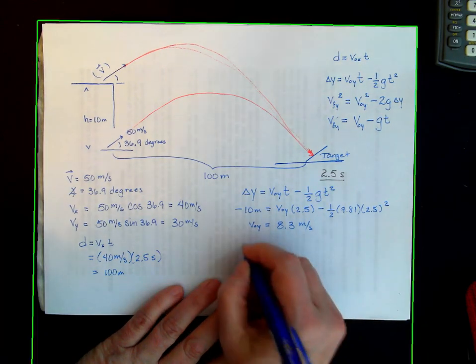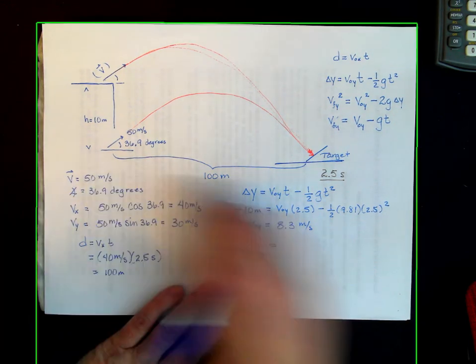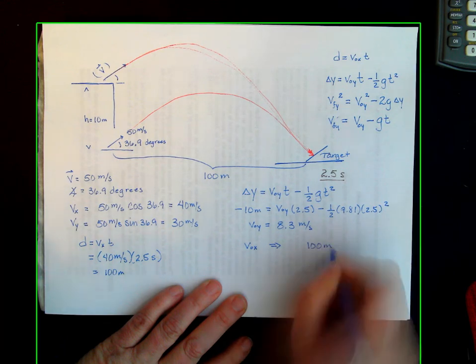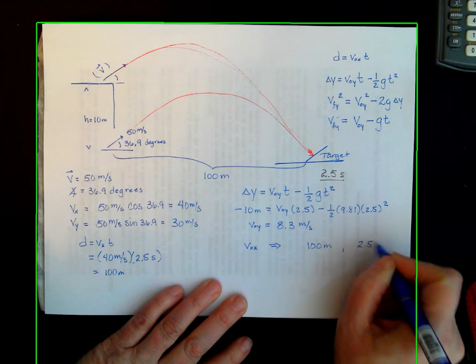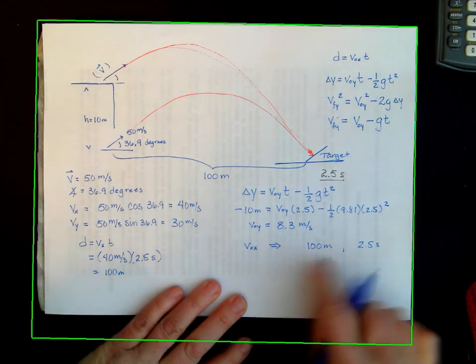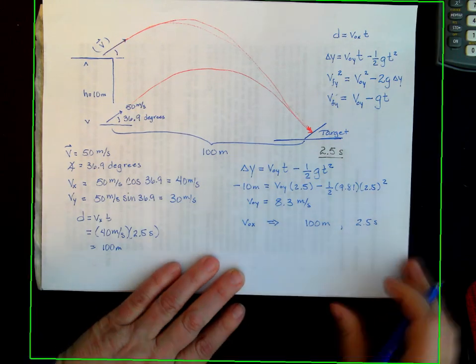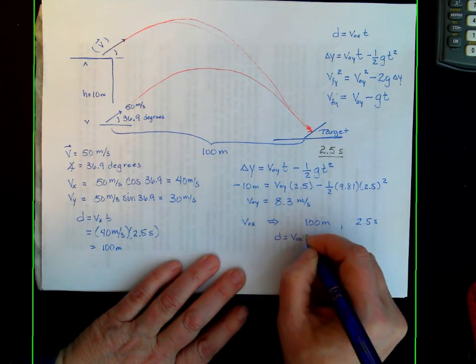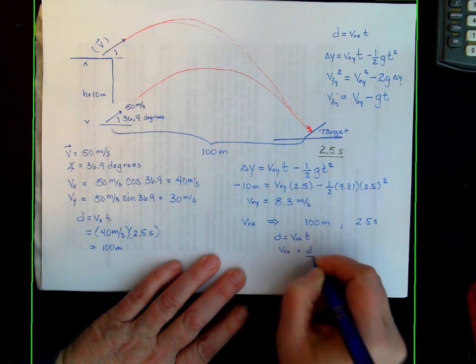Well, now my initial velocity in the x: it's got to travel the same horizontal distance, so it's got to travel the 100 meters. It's got to do it in the same amount of time, 2.5 seconds. So distance is equal to V naught x times my time, which means V naught x is going to be distance divided by time.